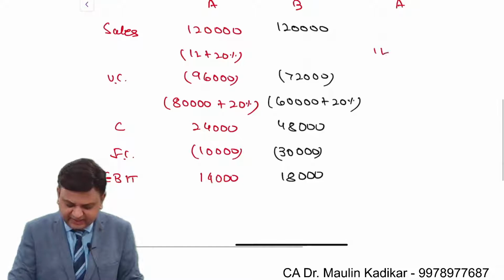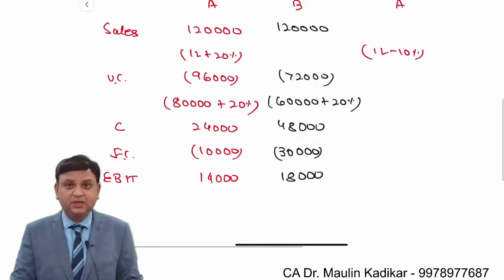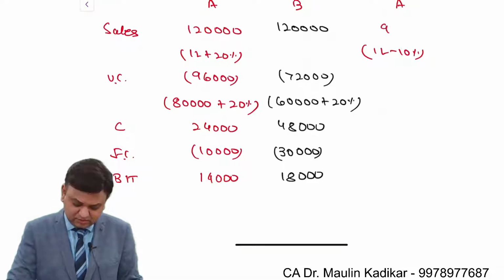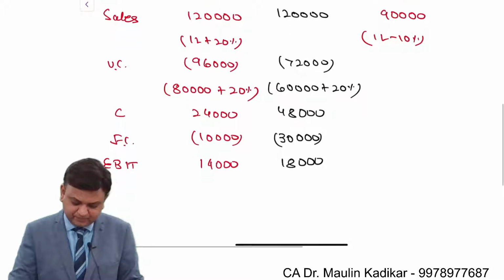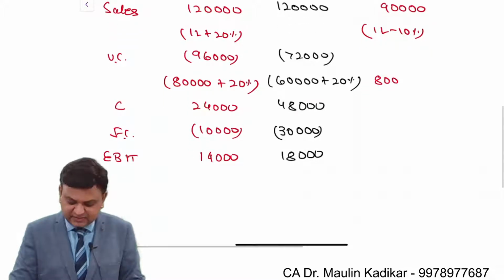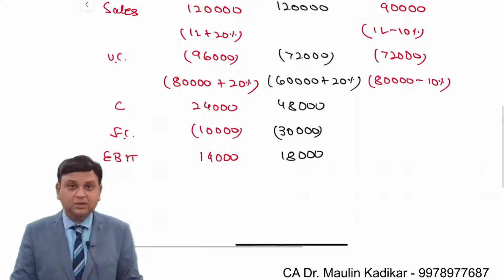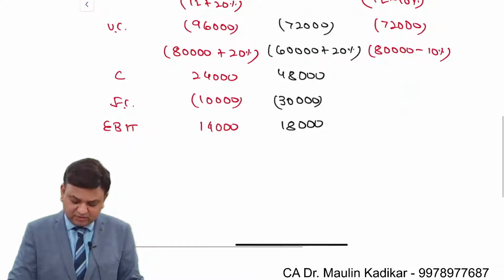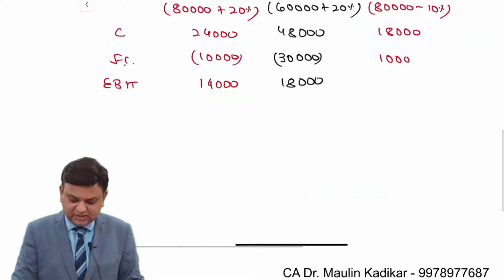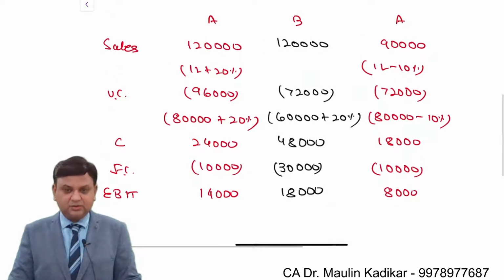So plan A, 1 lakh minus 10%, that comes to 90,000. Then 80,000 minus 10%, that comes to 72,000. Contribution is 18,000. Fixed cost is 10,000. This is 8,000.